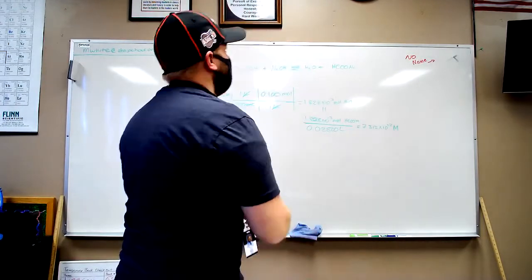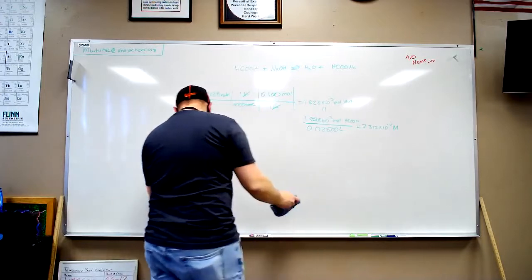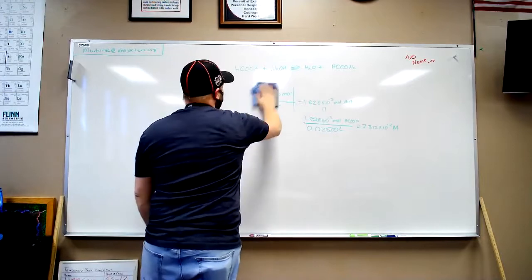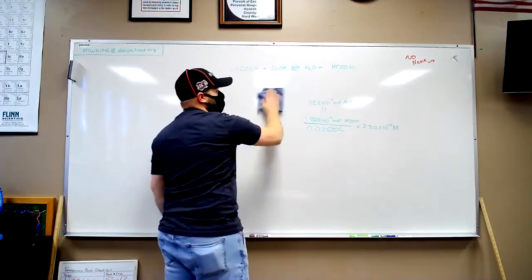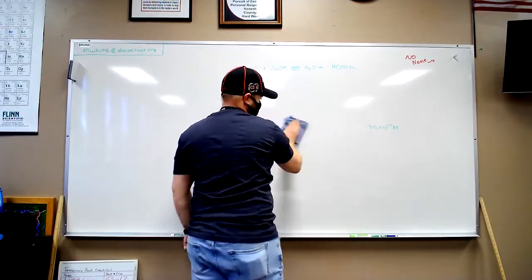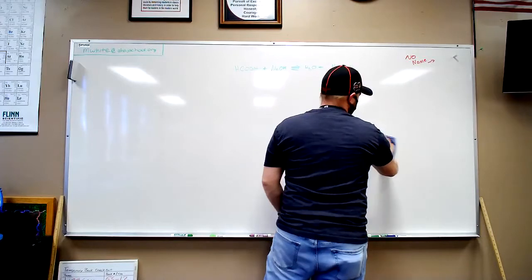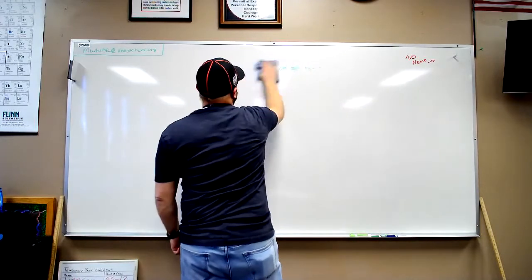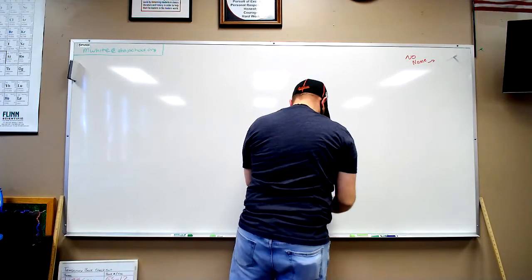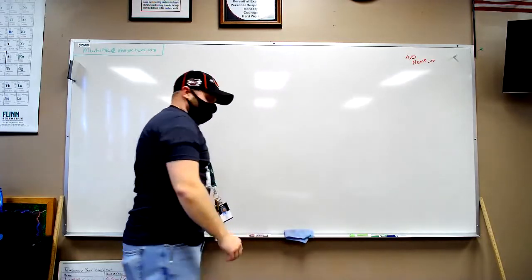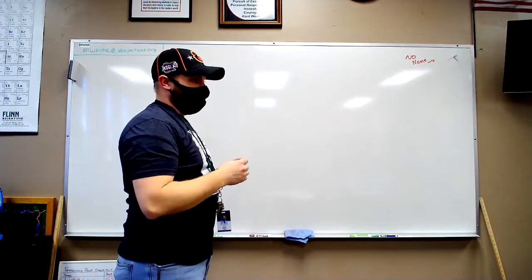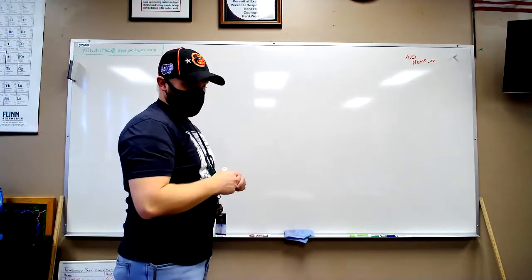Okay. So a buffer is something that you can add an acid or a base to, and the pH doesn't really change. These are very, very useful because some reactions only will happen at specific pH ranges, including a lot of stuff in your body. Our blood is actually a buffer.